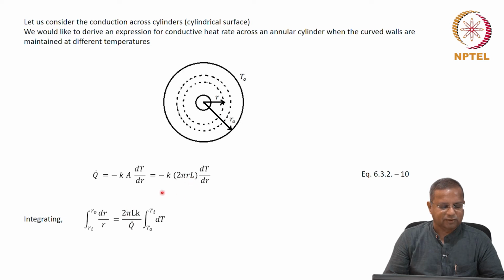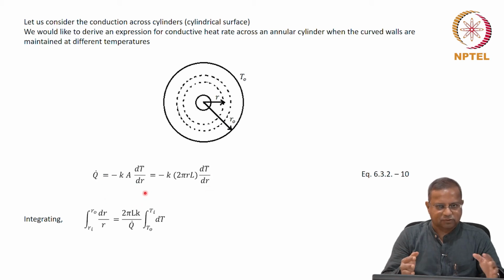L k, here Q dot and T naught to Ti dT. You are getting r's to one side and so on. Q dot equals minus K 2 pi r L dT/dr. We have taken r to one side and the temperature on the other side.